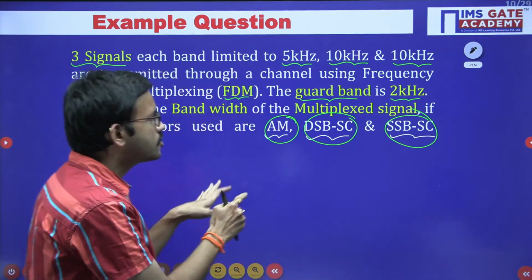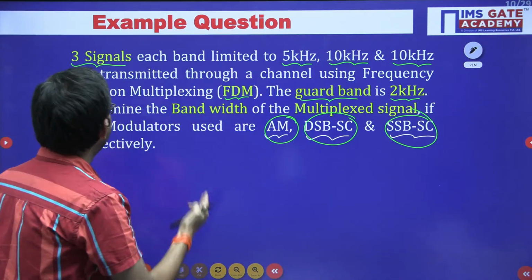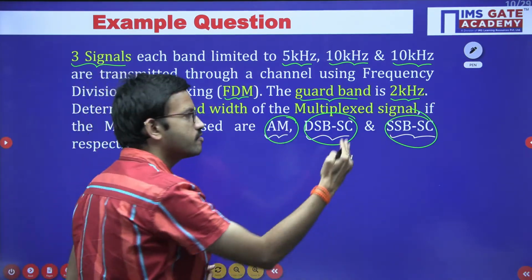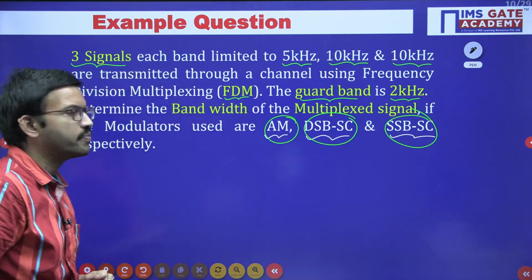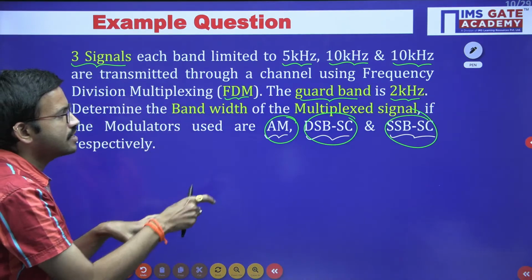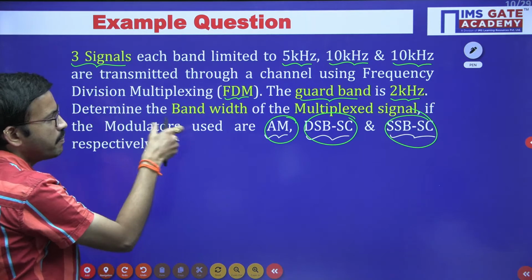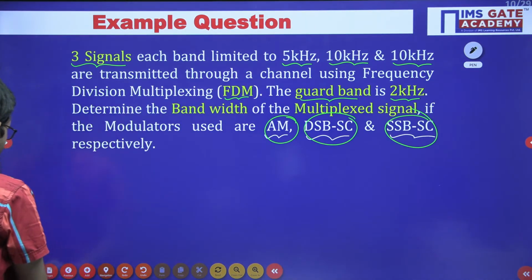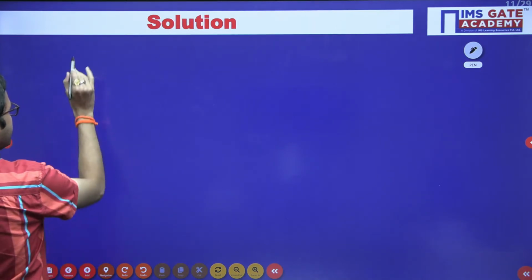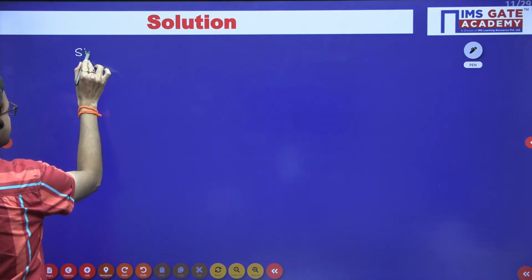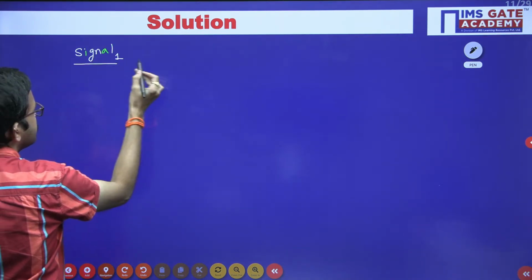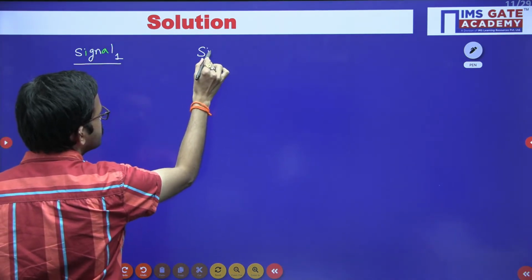But in this question, it is interesting. For the first signal they have considered an AM modulator, for the second signal a DSBSC modulator, and for the third signal an SSBSC modulator. Now, what is the resultant bandwidth that we require for this multiplex signal? Here they have given three signals: signal 1, signal 2, signal 3.